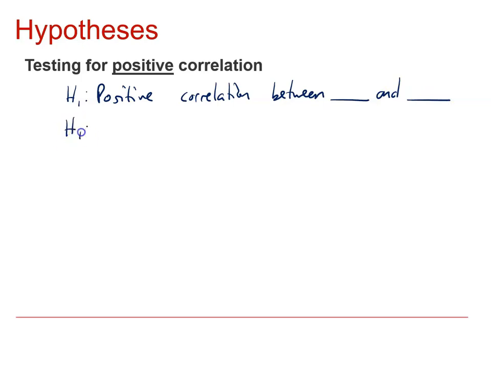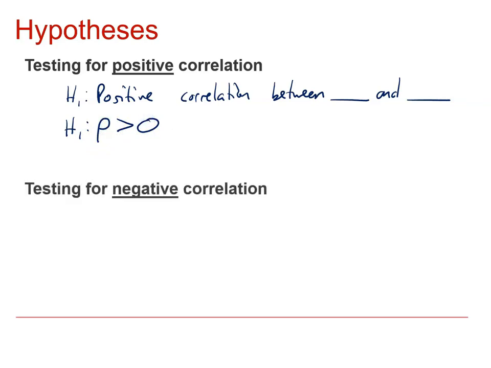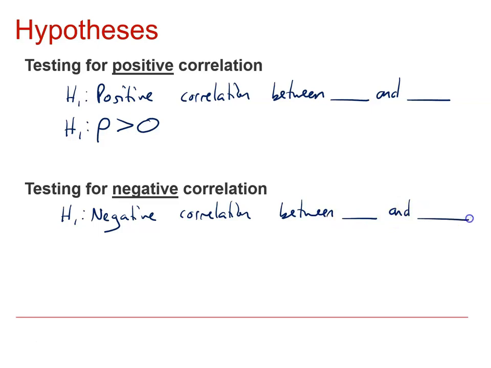Or alternatively, we want rho to be positive, rho greater than 0. Alternatively, if we're testing for negative correlation, it will be negative correlation between the first variable and the second variable, or rho is less than 0.